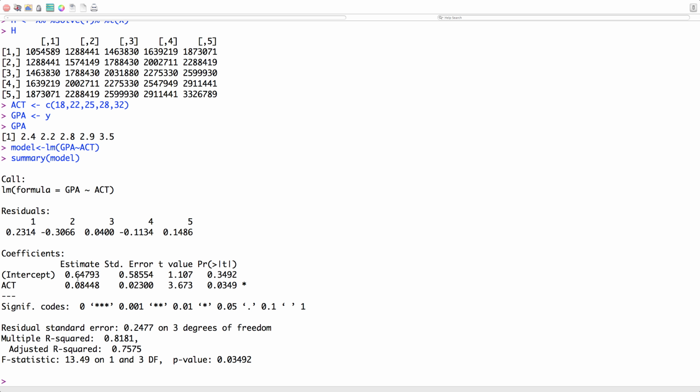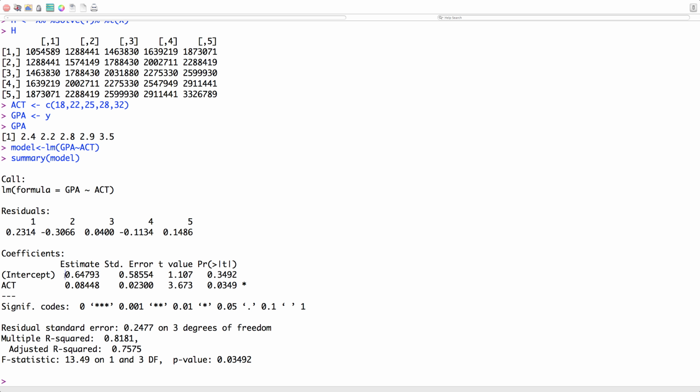And what we do is we get our estimates, and we've seen these ad nauseum, 0.647 and 0.0845. And these values are really easy to find because remember the t-value is just the estimate, in this case 0.64793, divided by its standard error.